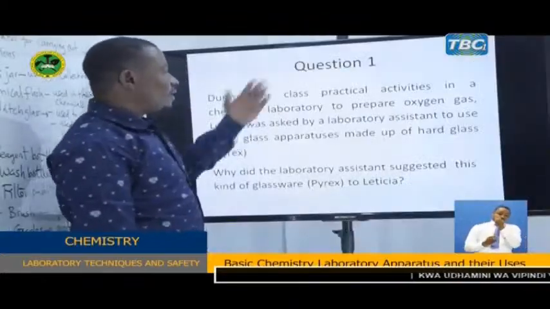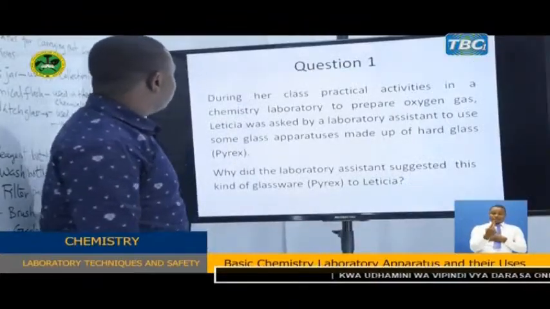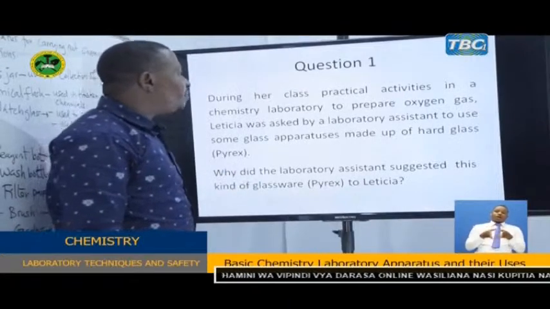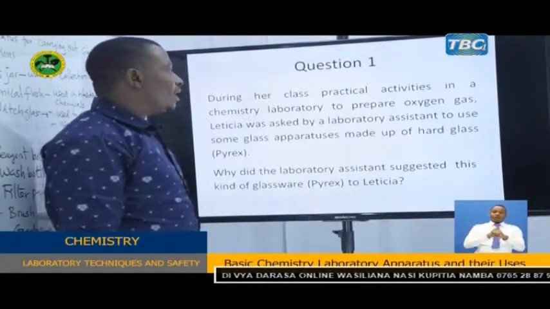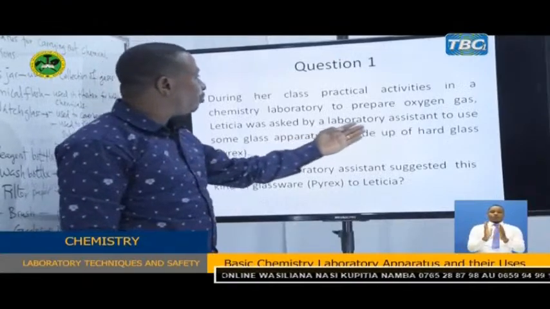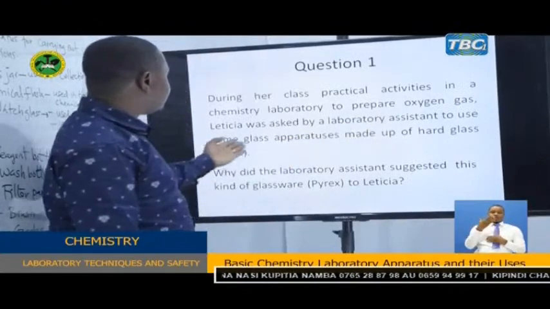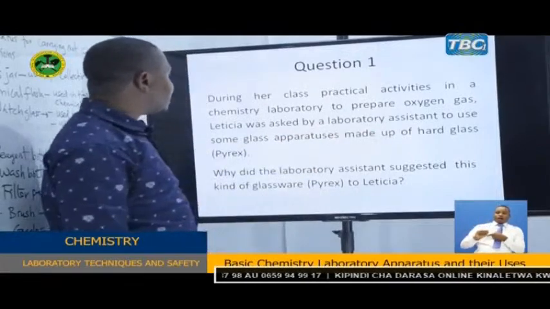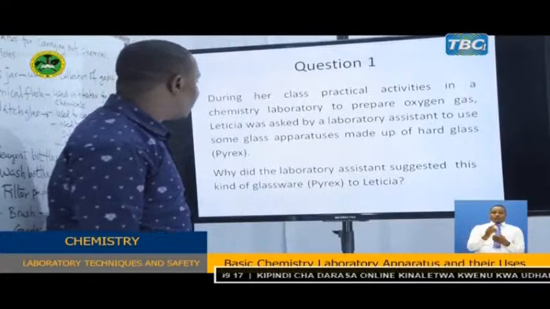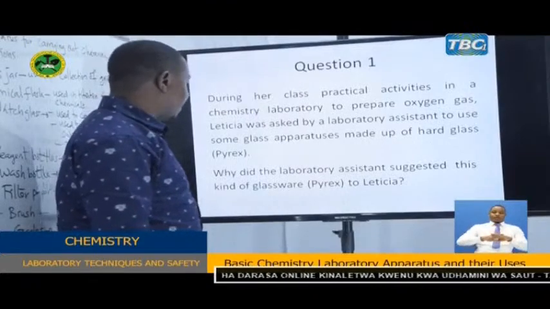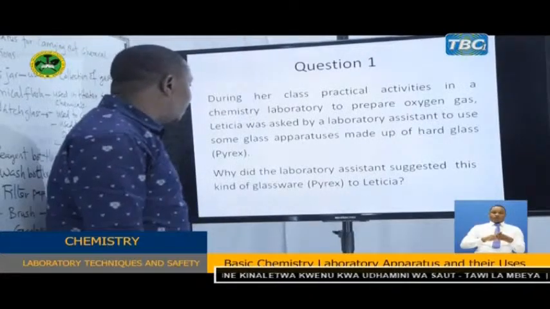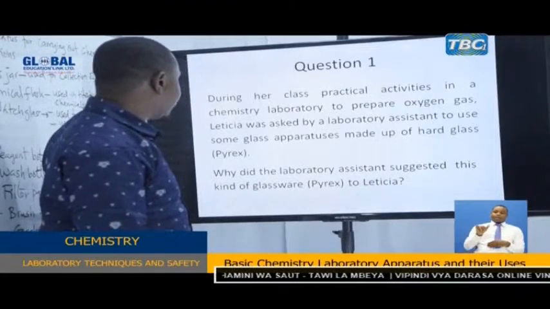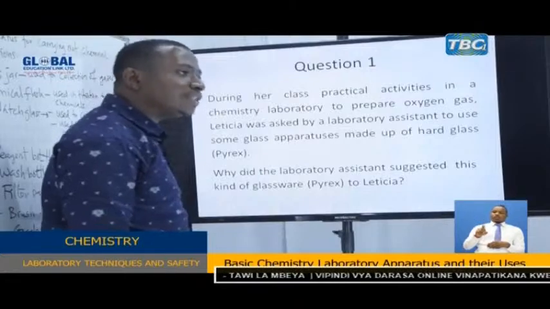We have question number 1. It states that during her class practical activities in a chemistry laboratory to prepare oxygen gas, Leticia was asked by a laboratory assistant to use some glass apparatuses made of hard glass known as Pyrex. Why did the laboratory assistant suggest this kind of glassware, Pyrex, to Leticia?